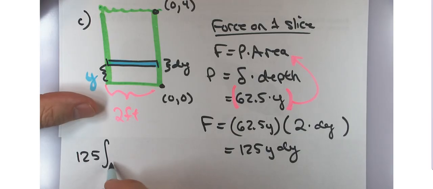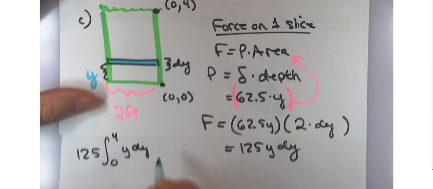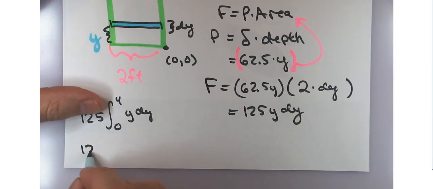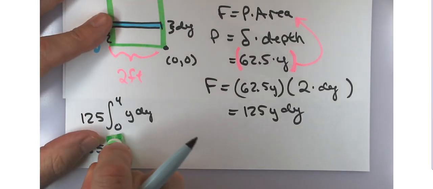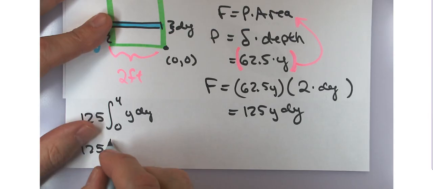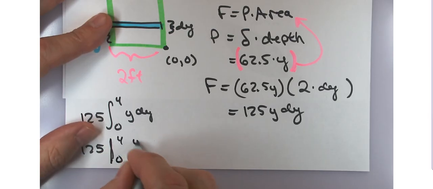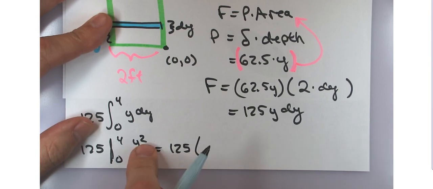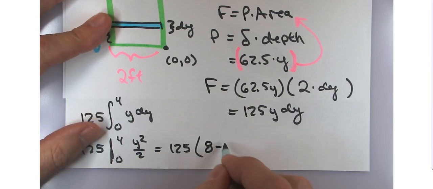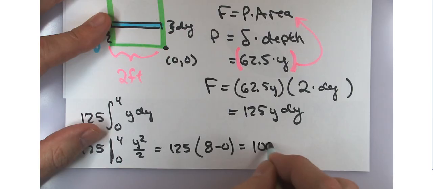Integral from 0 to 4 of y dy, and that's going to be 125 times y squared over 2 from 0 to 4. Which is going to be 125 times 16 over 2, which is 8, minus 0, or 1,000.